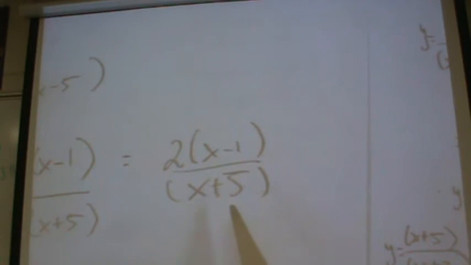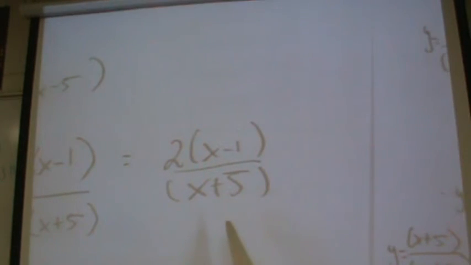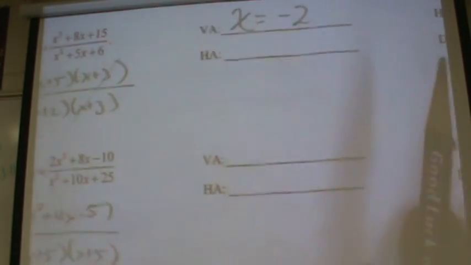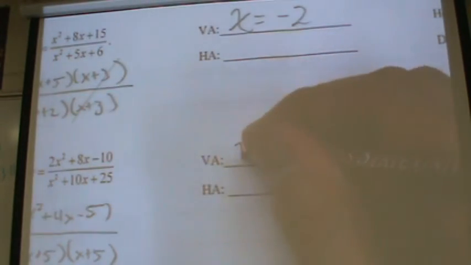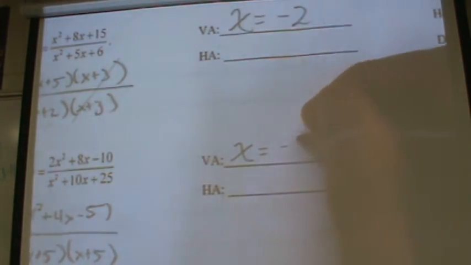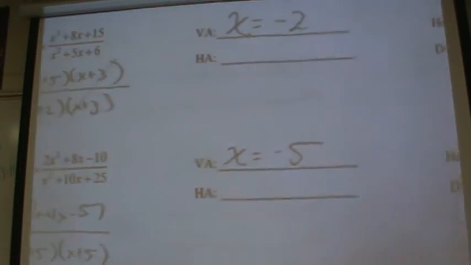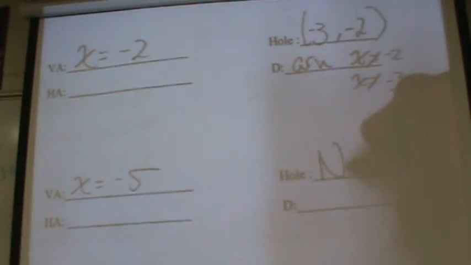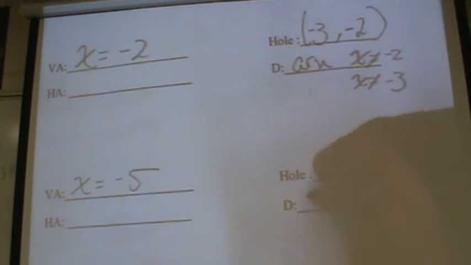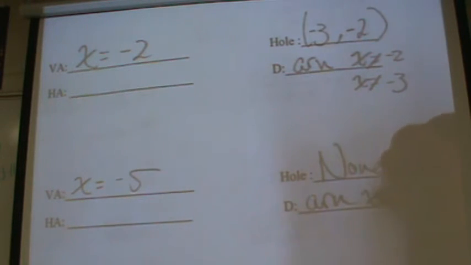On the bottom you get x plus 5, so x equals negative 5. No hole, and all real numbers except x can't be negative 5.